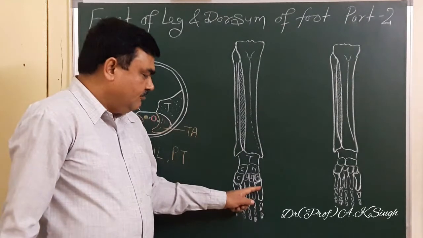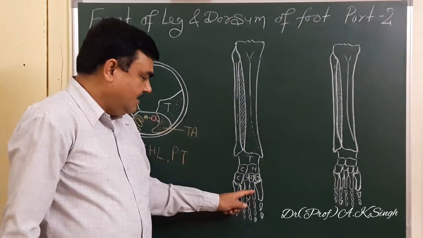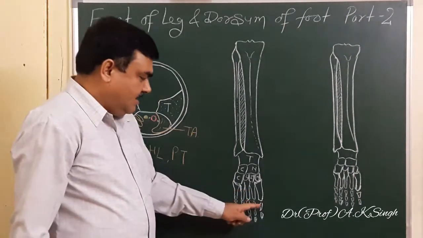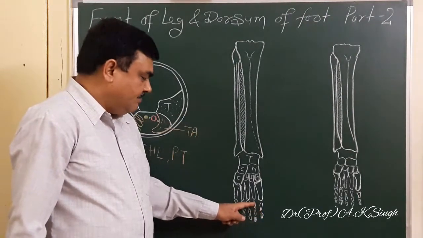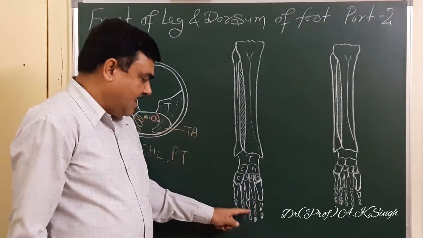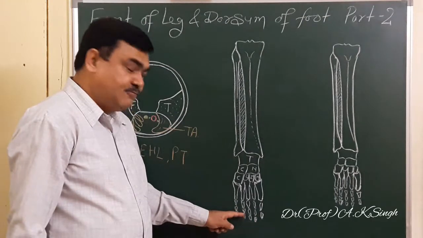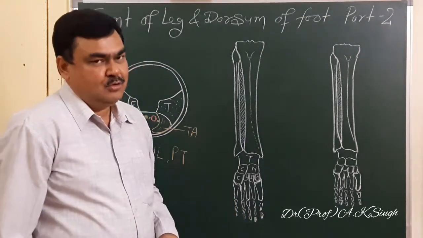Here, the first metatarsal, second, third, fourth, fifth metatarsal. Here are the proximal and distal phalanx of the big toe, proximal, middle, and distal phalanx of the second toe, third toe, fourth toe, and fifth toe.